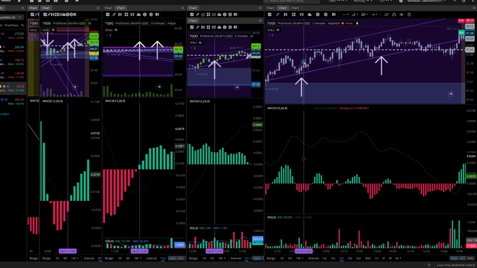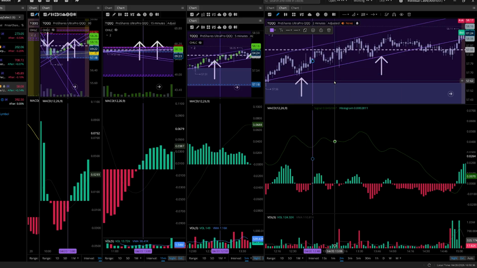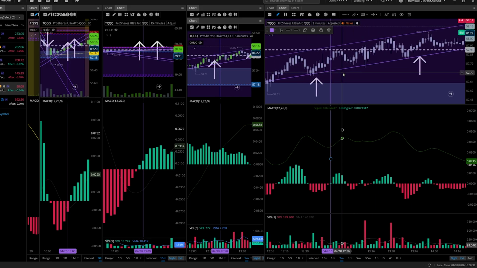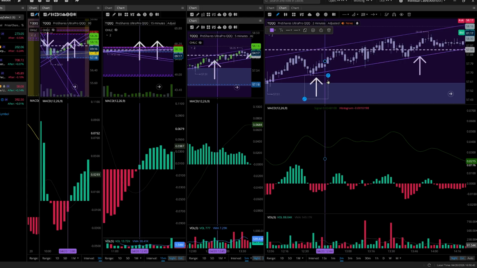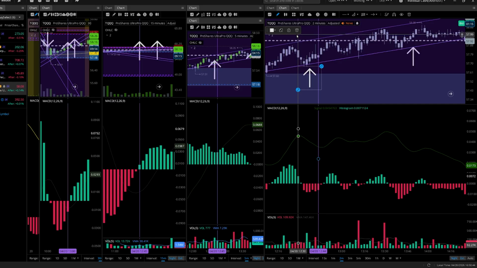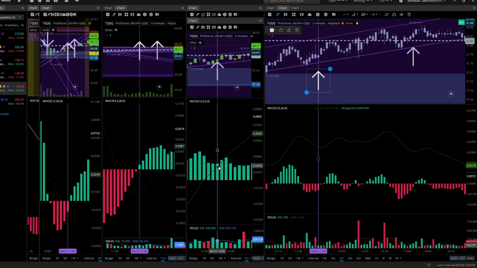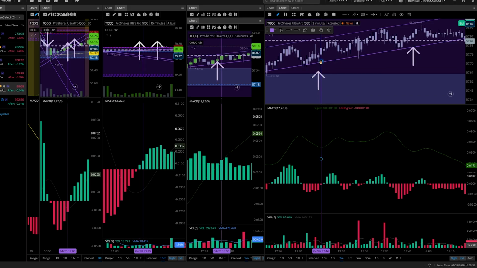Of course, there are many entries you could find within this alignment channel to the upside, a lot of long positions. The main one, the first one that I want to talk about is this one here, because at this point, the 5-minute has now stabilized. It's not really going up yet, which is what we like, but it's stabilized.